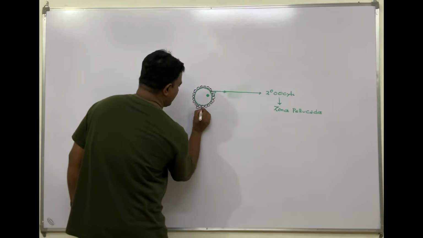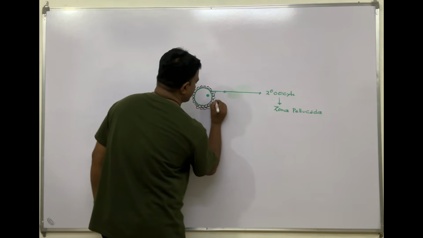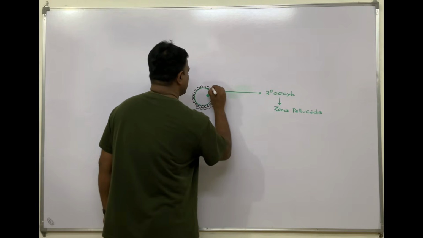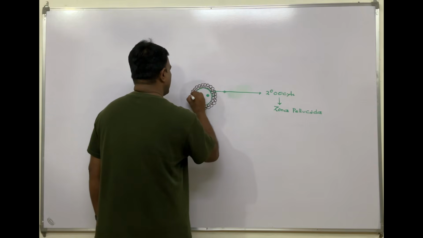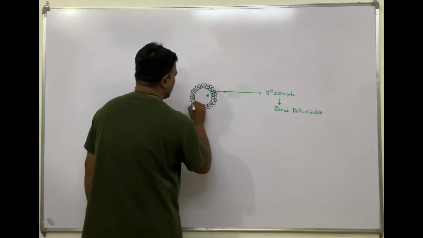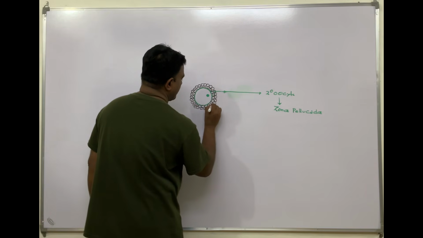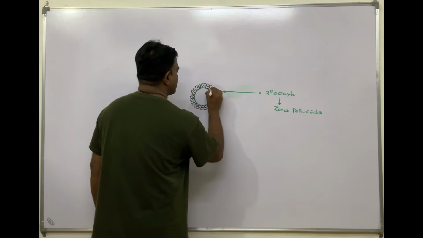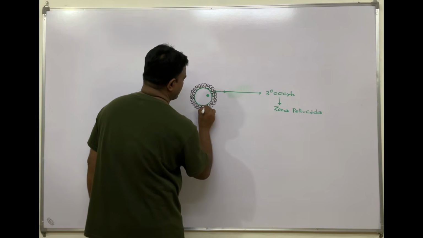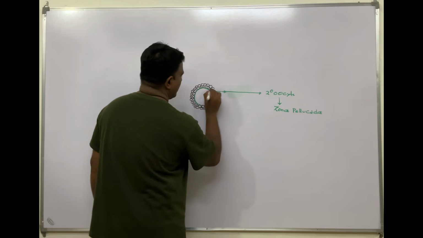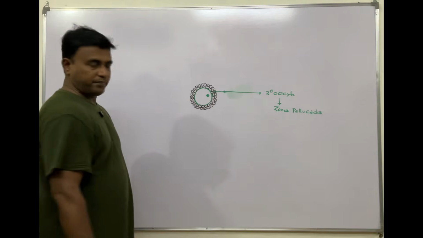Here you are seeing 1 to 2 layers of compact cells which are loosely connected with each other. They are present surrounding the secondary oocyte. You can see these black color cells with a distinguished nucleus, and they are distinctively present.